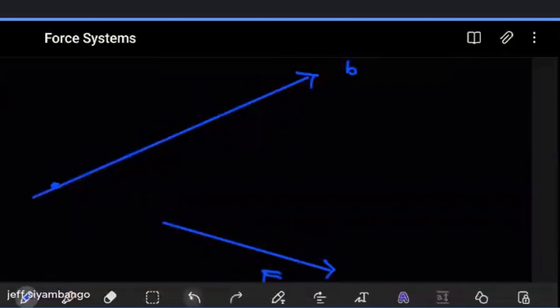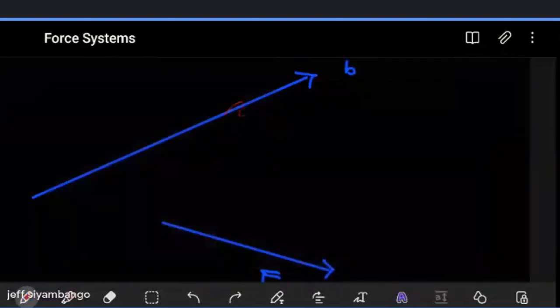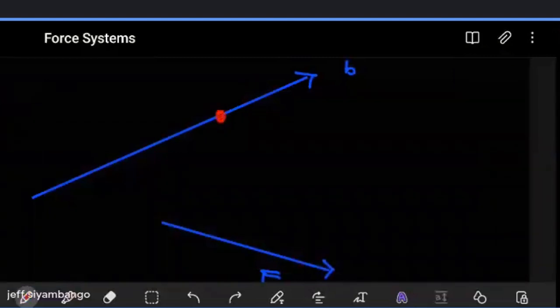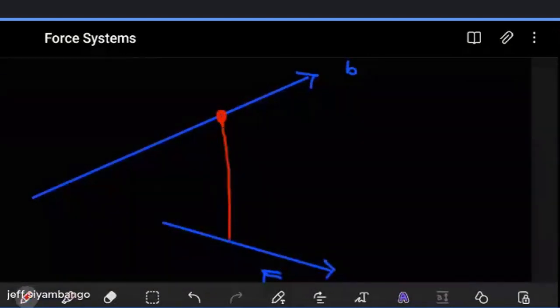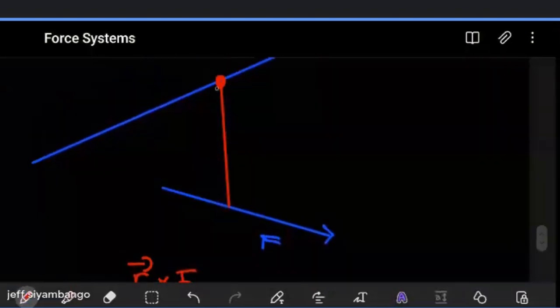All I need is one point along my line B. Once I have that point, the first step involves me evaluating the moment of the force F about that point that I've identified on my axis. So the first part is just R cross F, where this R is from a point that lies on my specified axis.